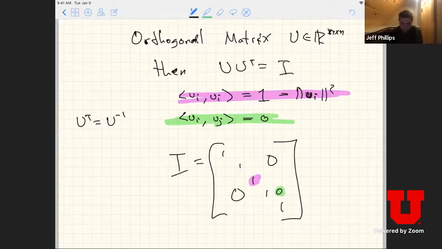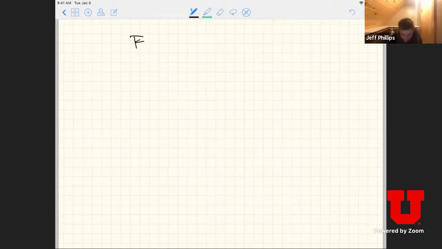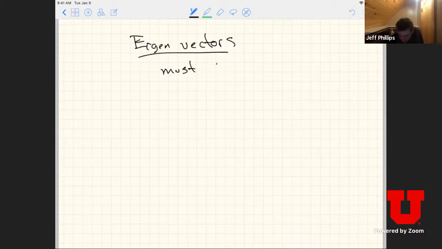Yeah, so one property, let's go back to the eigenvectors of a matrix. Let me just say one thing about these. These must be orthogonal, right?